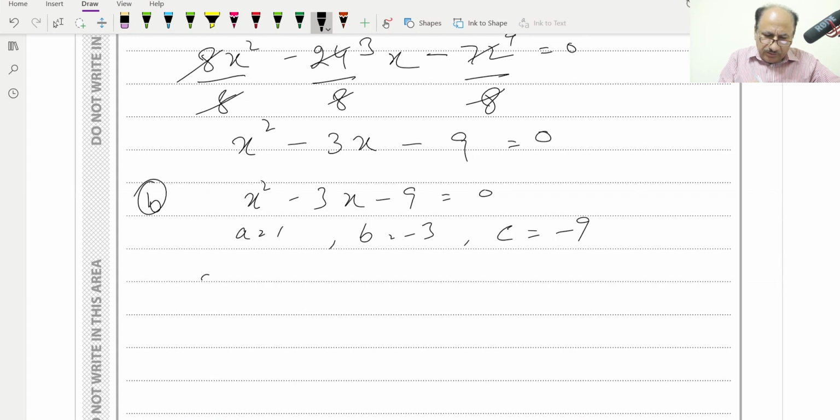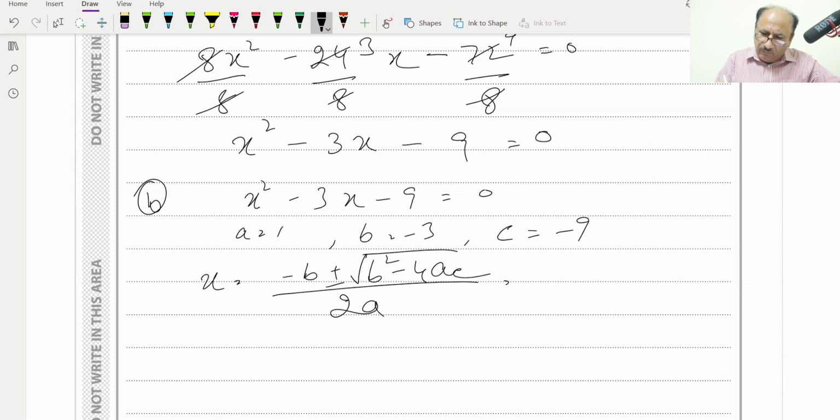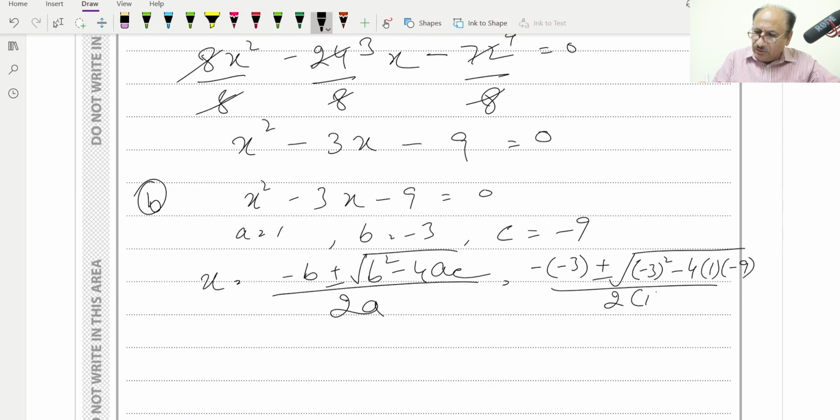So we can write x is equal to minus b plus minus root of b square minus 4ac over 2a. This will be the quadratic formula. After replacing, minus b becomes minus of minus 3, plus minus root of 3 square minus 4 into a into c, which is minus 9, over 2a, where the value of a is 1.